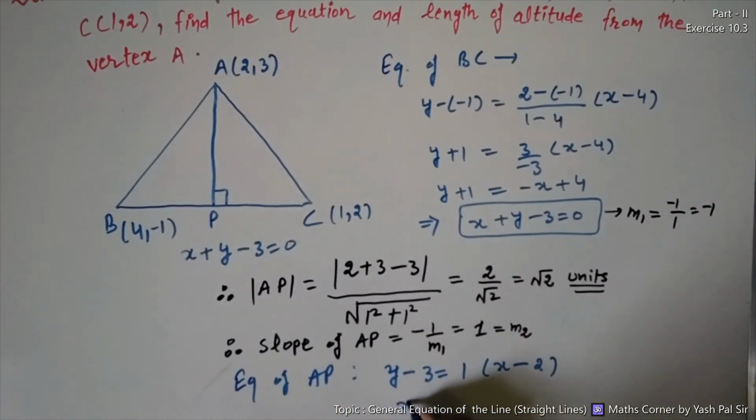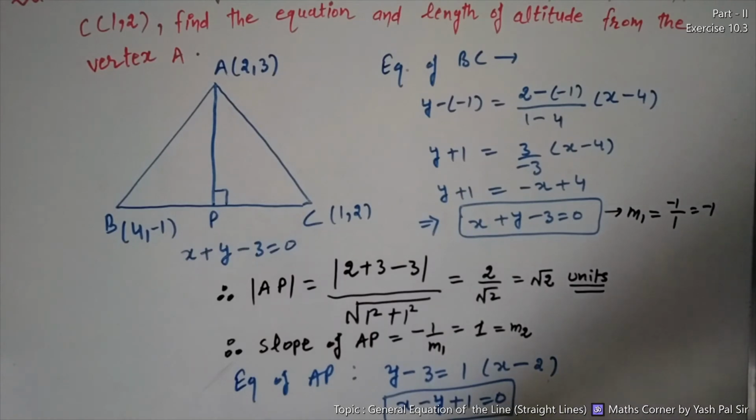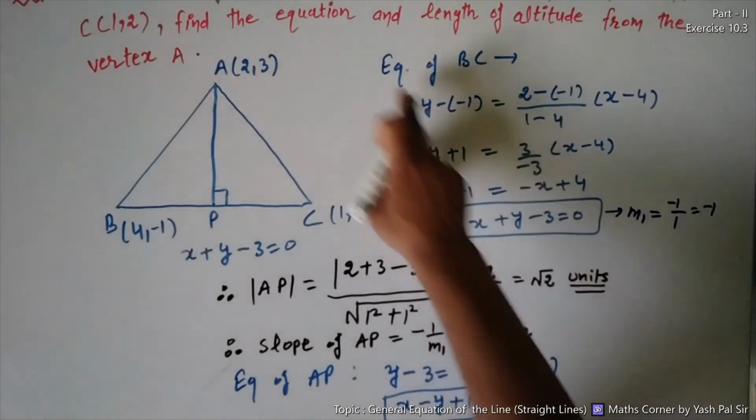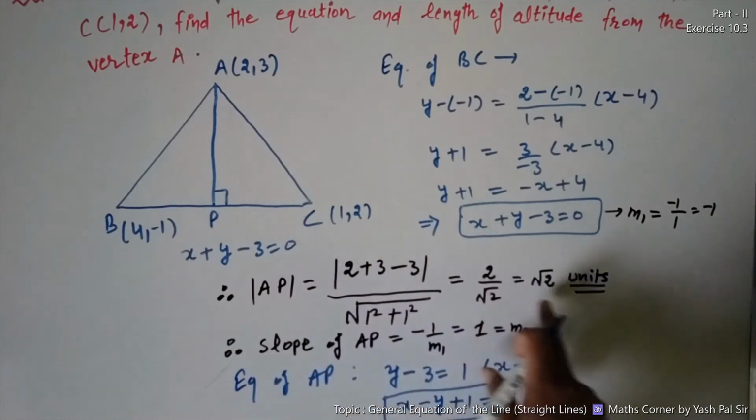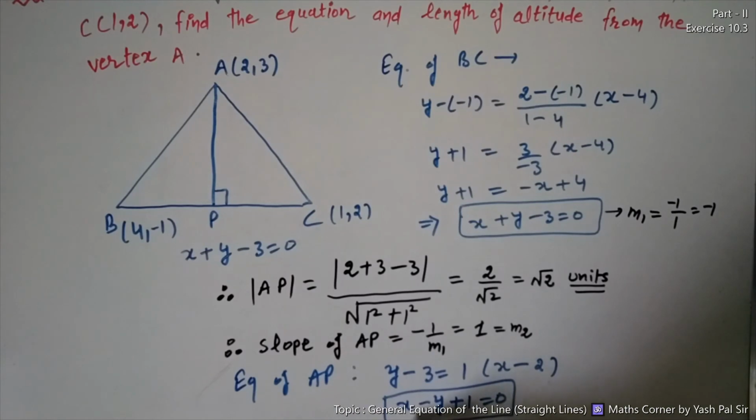This way we have x minus y plus 3 minus 2, that is x minus y plus 1, is equal to 0. So this is the equation of the altitude. Okay, two questions are asked. One is what is the length of altitude? This is square root 2 units. What is the equation of the altitude? This is x minus y plus 1 equal to 0.